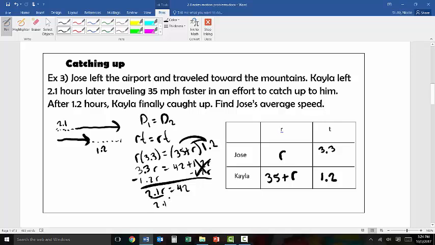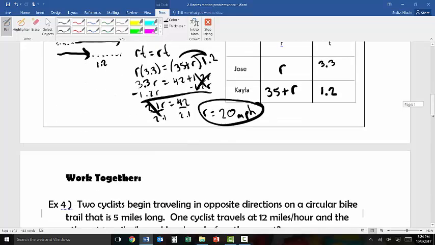And then we divide by 2.1. So it looks like the rate is going to be 20 miles per hour. So Jose's rate is 20 miles per hour. Okay, so that's the first type of problem. That's the catching up problem.